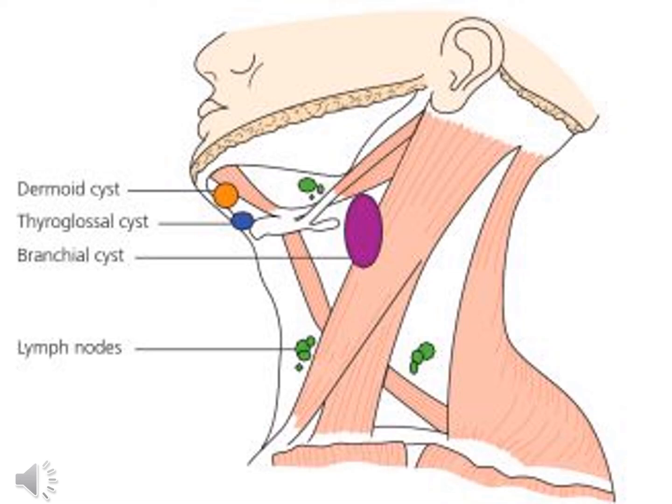We can differentiate, as we said, the thyroglossal cyst moves with swallowing because it is attached to the laryngeal cartilages, the thyroid cartilage, while the branchial cyst doesn't move with swallowing.